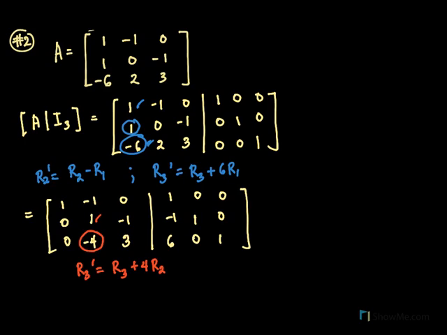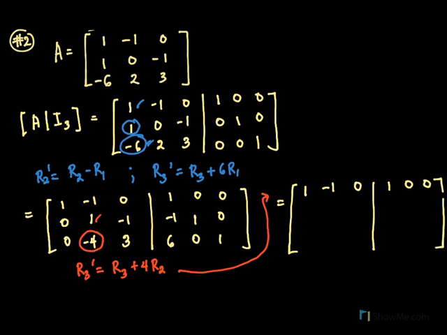So i-apply natin for the whole row 3. So if we apply this, ang resulting natin na matrix shall be, okay, 1, negative 1, 0. Ang mamodify natin dito, R3, no? So, R1 will be unchanged. R2 will also be unchanged.